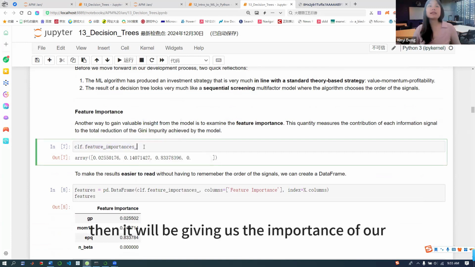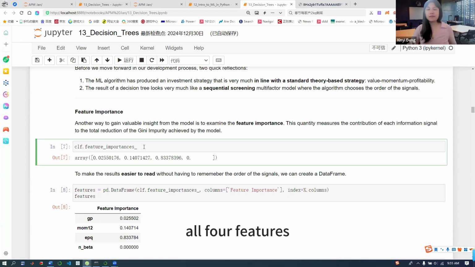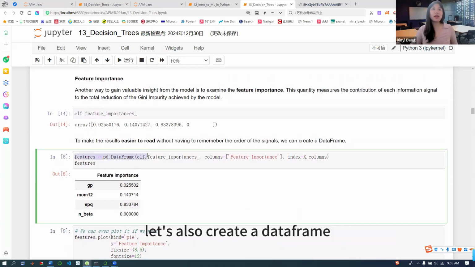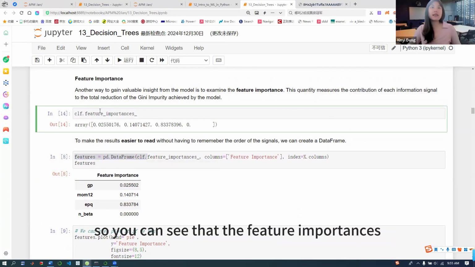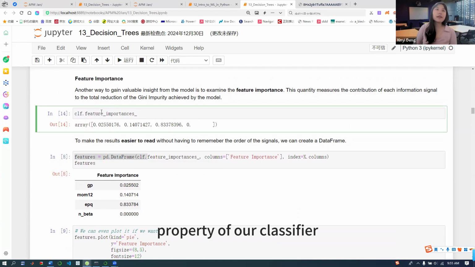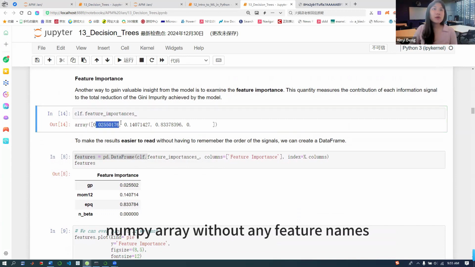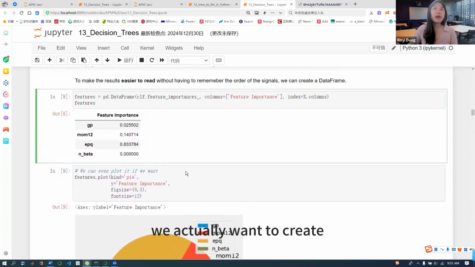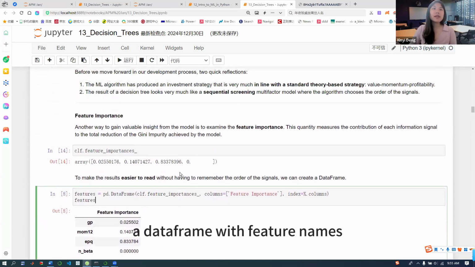Then it will give us the importance of all 4 features. Let's also create a data frame. The feature importances property of our classifier gives us a NumPy array without any feature names. To visualize that, we want to create a data frame with feature names.